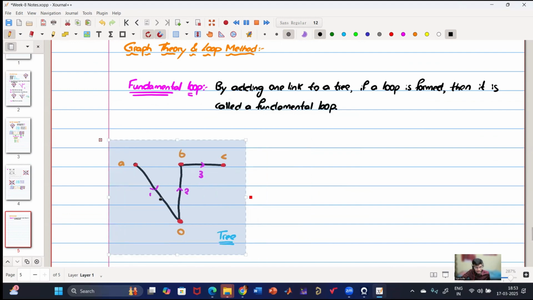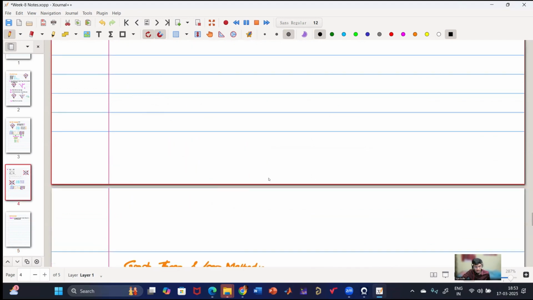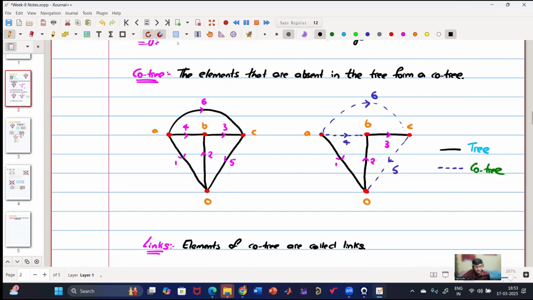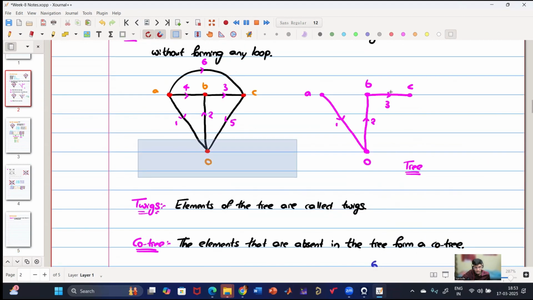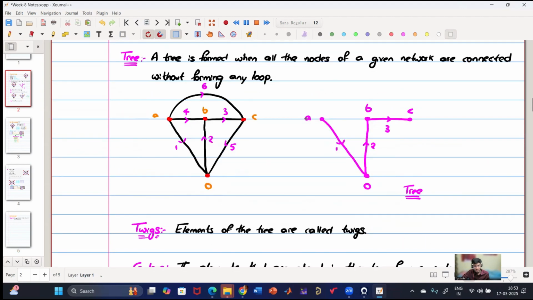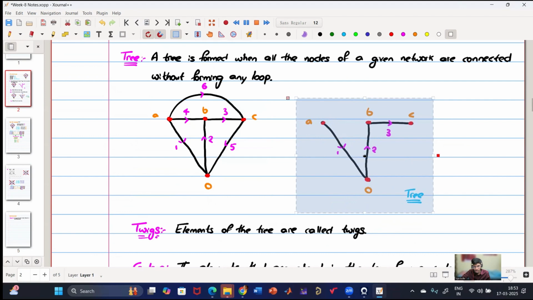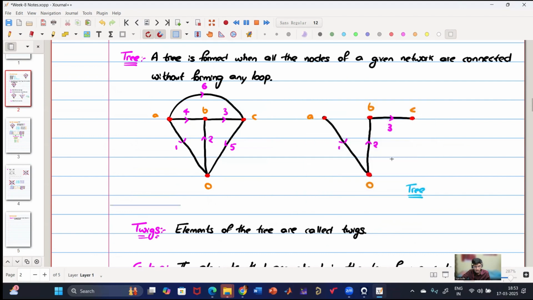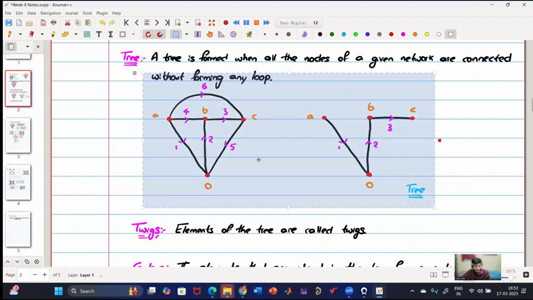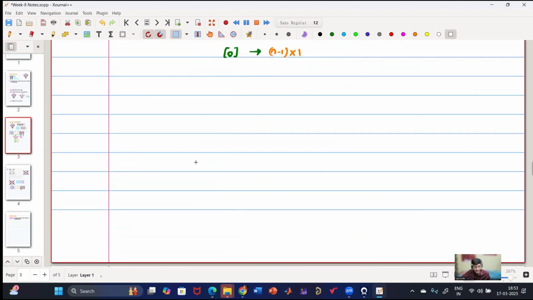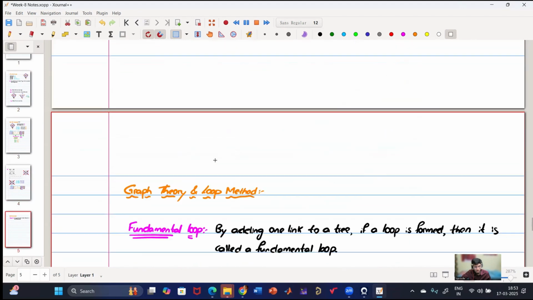So if you see by adding, okay, I think I have to copy both so that we'll follow the same. So we are taking this example, which means even if you add any one of the links, a loop will be formed.